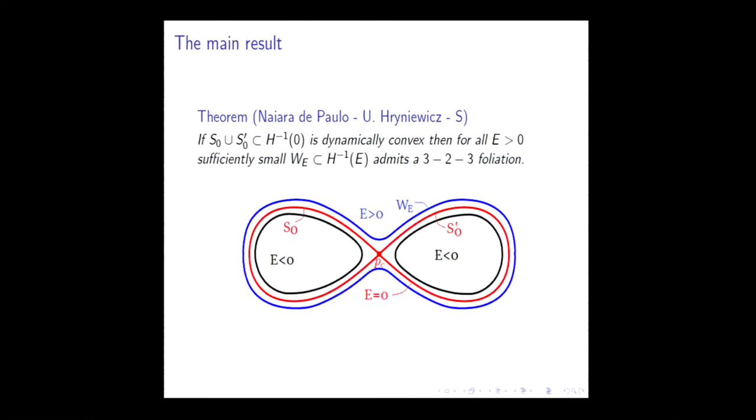So with all these hypotheses, what we try to prove is the following. If the critical level is dynamically convex, then for energy slightly above 0, you have that foliation.